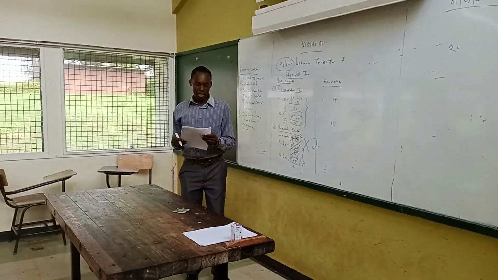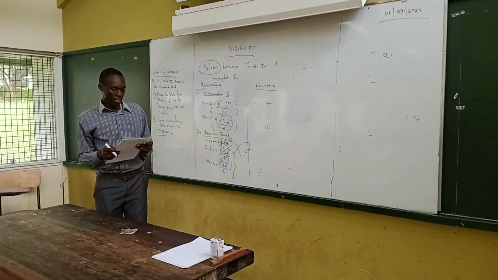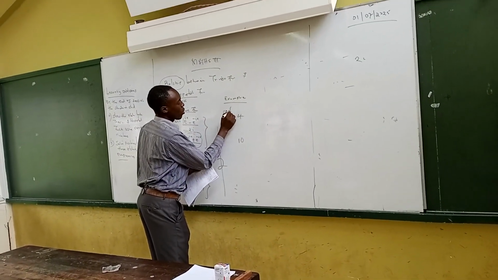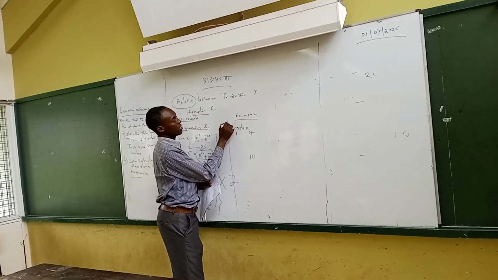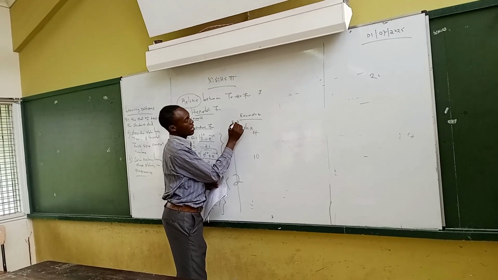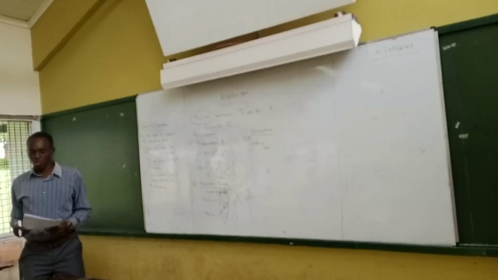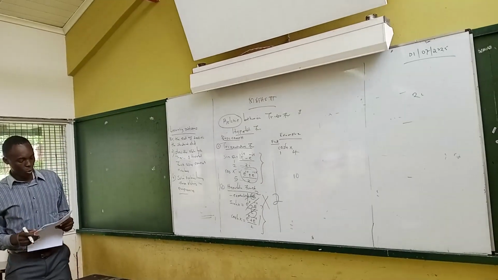Example 2: Find the trigonometric equivalent of cosh x. Find the trigonometric equivalent for cosh x.